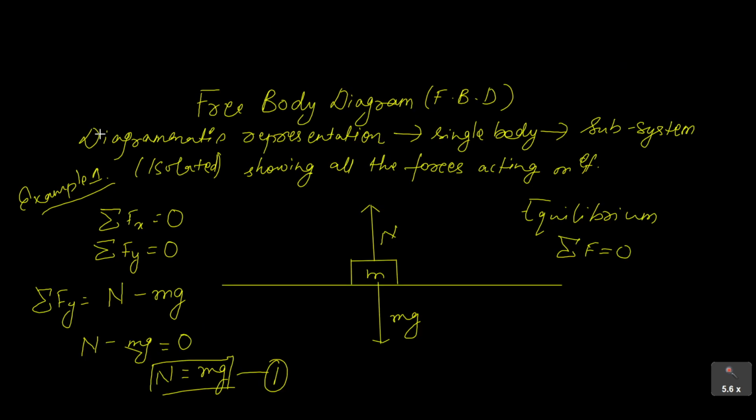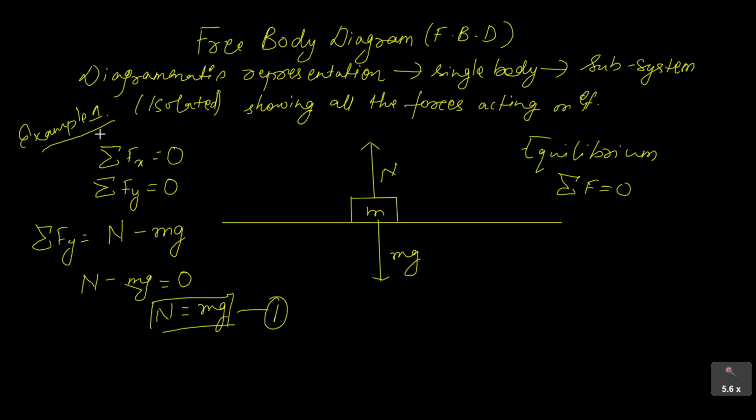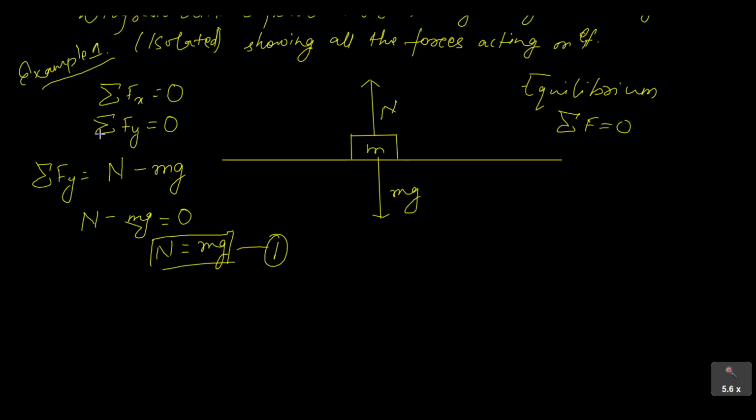So now let's move on to the next example. Now let's consider a surface, and in this surface a pendulum, a weight of mass m, is hanging on this string.